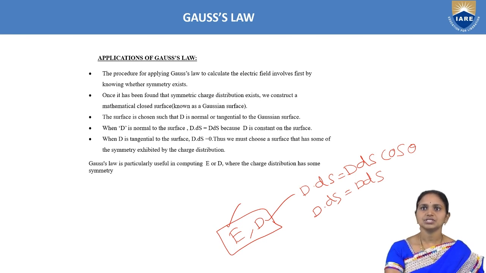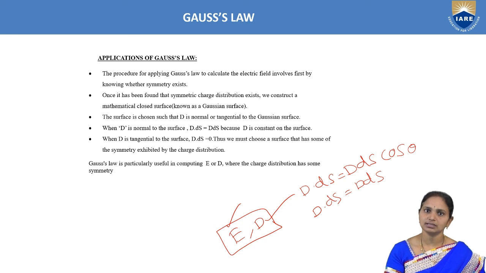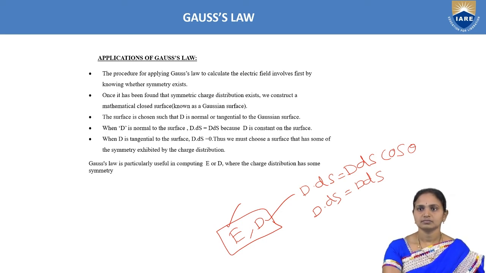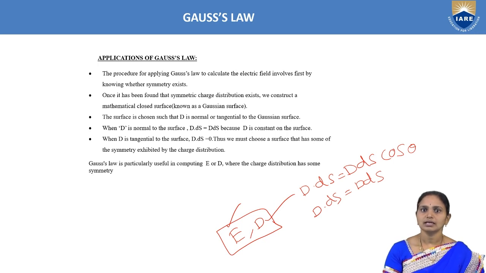So the applications of Gauss law: it is used to calculate electric field strength or electric field intensity, and the second parameter is electric flux density. To calculate these two, Gauss law is helpful, but the condition is that the charge distribution must be symmetrical. Then we can calculate electric flux density and electric field strength in the case of all the charge distributions.